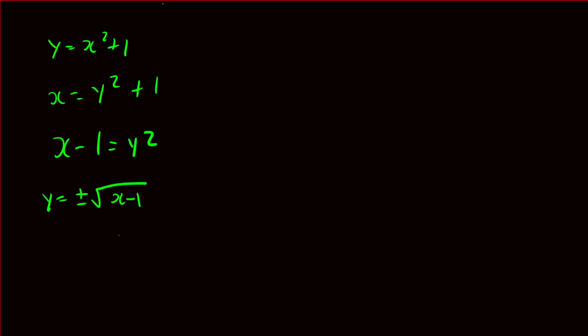That means if I put in one x value, I'm going to get a positive version and a negative version. And that means that it doesn't pass the horizontal line test, right? I'm going to just draw a quick graph.